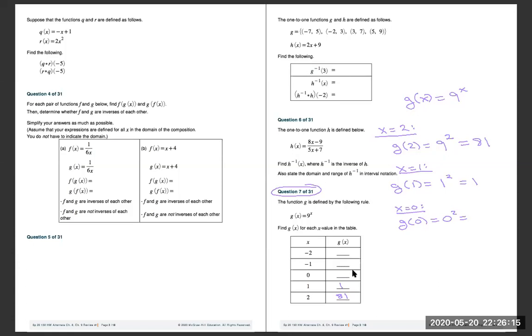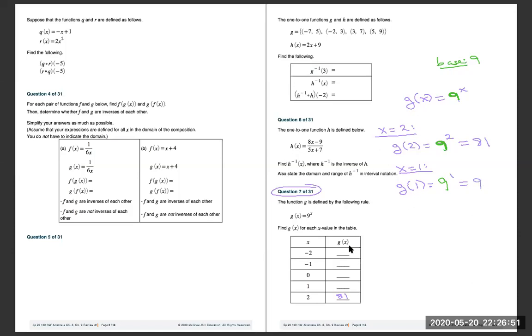Sorry, what am I doing there? My bad. Bad me. So let's try that again. G of 1. Let's color code this a little bit so that I don't forget. 9 is your base. So that's the part you're taking the exponent to. So this fix here, g of 1 should be 9 to the first power.